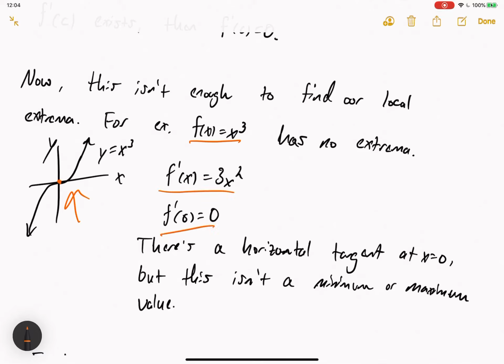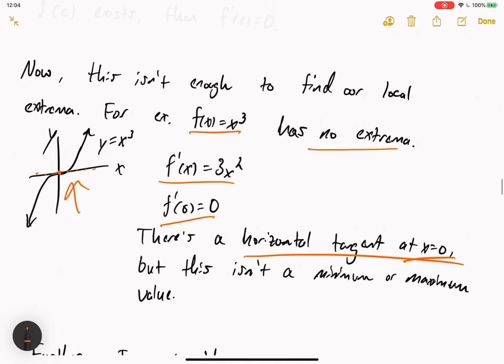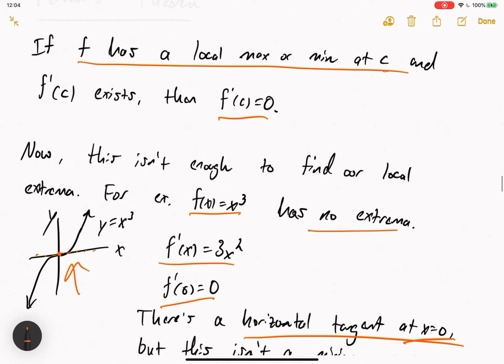F prime of 0 is equal to 0, but we can tell from the graph that it has no extrema. There is a horizontal tangent at x equals 0. So having just the derivative equal to 0 at some point is not strong enough. It's necessary, but it's not sufficient.